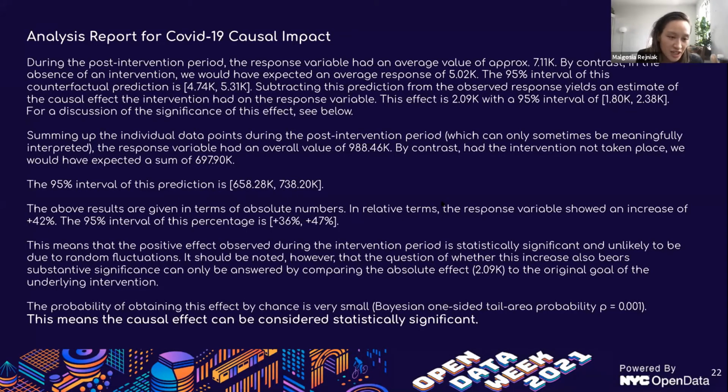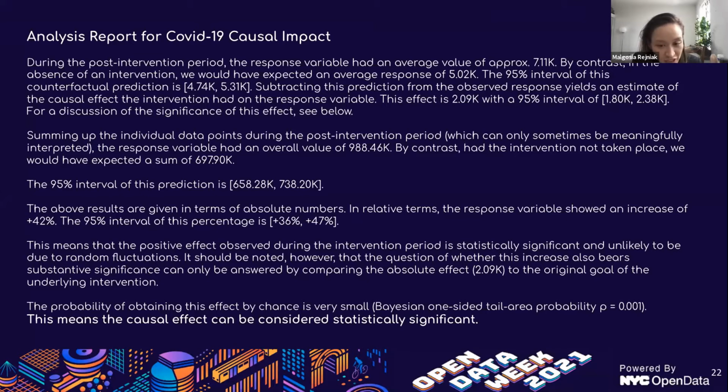And here is a full analysis on it. For those of you who are willing to read it, I wanted to lay this out here to dive into the approach in general, and then also talk about the effect and give the confidence intervals. Essentially, what we see is that there was a positive effect observed during this intervention period that was statistically significant and unlikely to be due to random fluctuations.